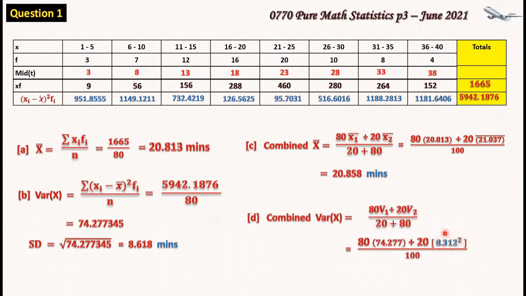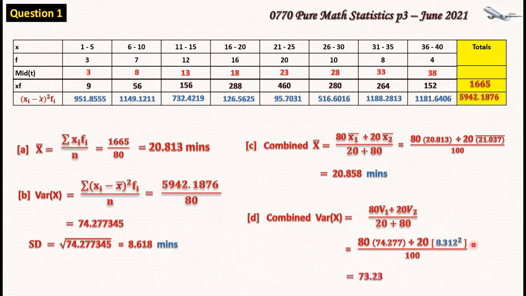Why do we have a square here? Yes, we have squared here because we have used 8.618. So if we did not use 8.618, then we should use this value of 74.277345. I did this because sometimes in the question, they give us the standard deviation and we forget and use that standard deviation directly at this position. Note, here you're supposed to use the variance. So when you square this standard deviation, you have the variance. This same value you have on the left-hand side.